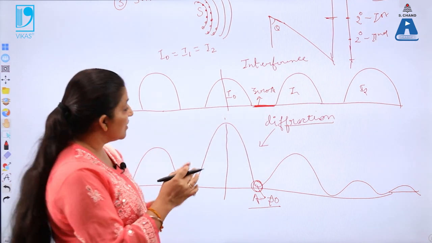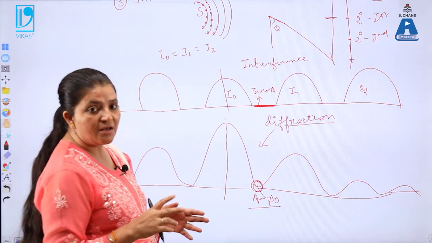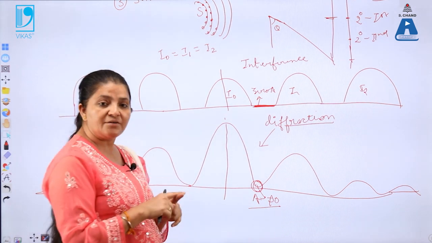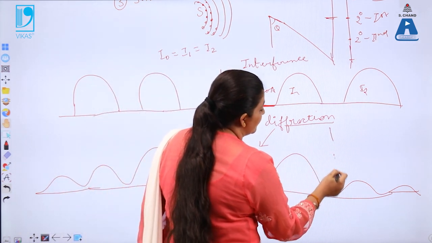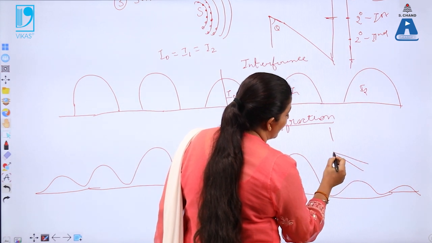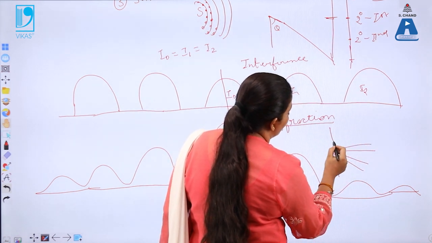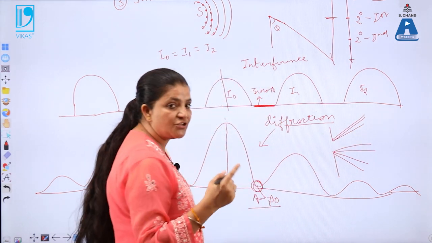In diffraction, after the bending of light, interference occurs again, because when the light bends around the corner of the obstacle, each and every secondary wavelet gets superimposed on each other.